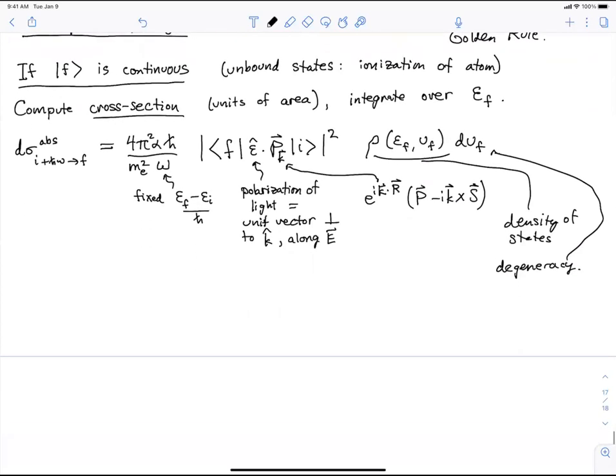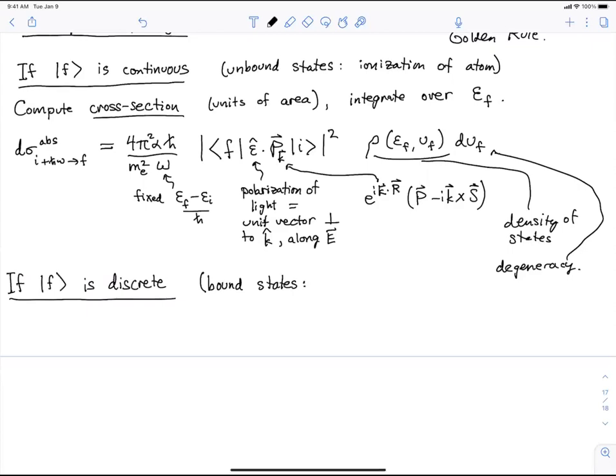Okay, so all of that was if F was continuous, but now you could say, okay, what if the final state is discrete? Which means it comes in different levels that are separated from each other. And so unlike what I just said, this would be, for example, bound states.